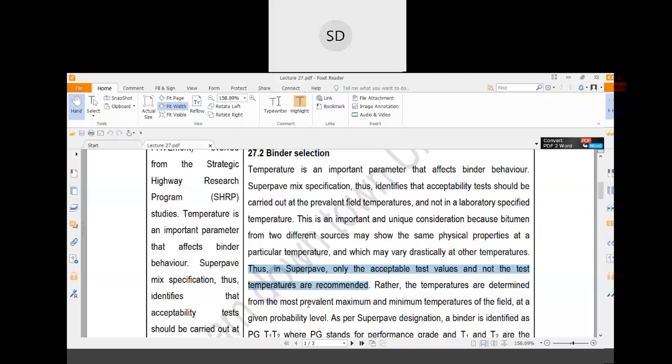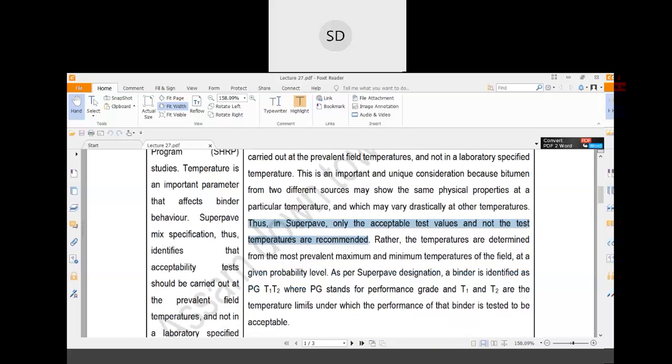So you have to consider all these things. Rather than the testing temperature, you have to mention the maximum and minimum temperature with respect to the field, and based on that range, you have to find out whether your bituminous binder is adequate for the site condition or not.